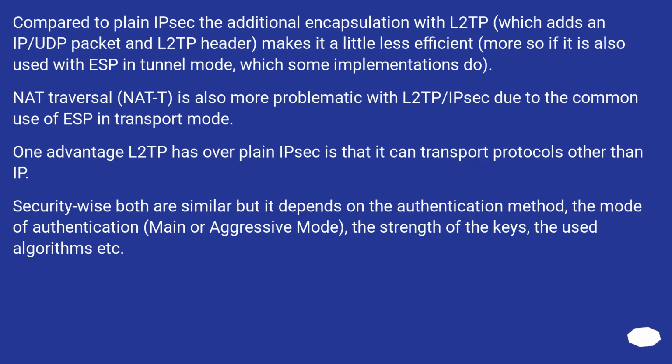One advantage L2TP has over plain IPsec is that it can transport protocols other than IP. Security-wise, both are similar, but it depends on the authentication method, the mode of authentication, main or aggressive mode, the strength of the keys, the used algorithms, etc.